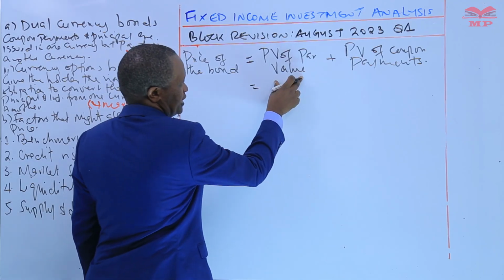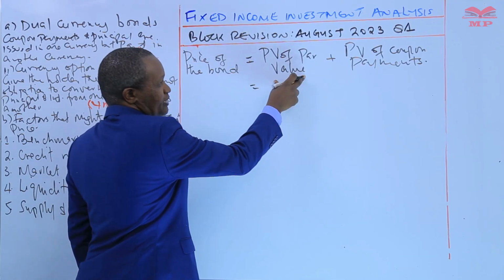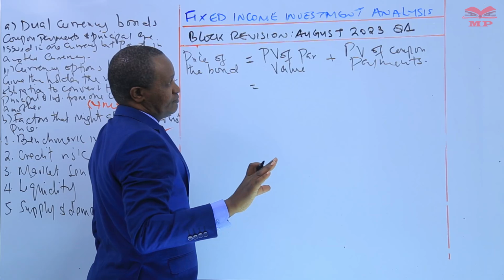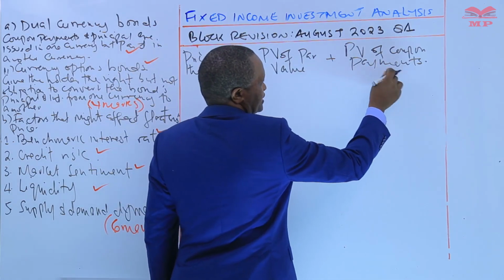And this one is a lump sum. The par value is paid once. It's a lump sum.